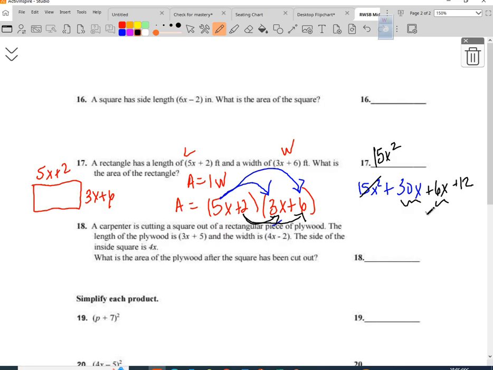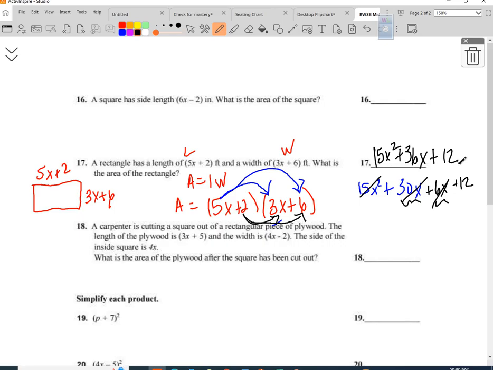You can only change the exponent on variables if you're multiplying or dividing them. Anytime you're adding variable terms, the exponents can't change. The coefficients get combined. So 30x plus 6x is 36x. And then we've got a constant we have to include in our answer. Any questions?